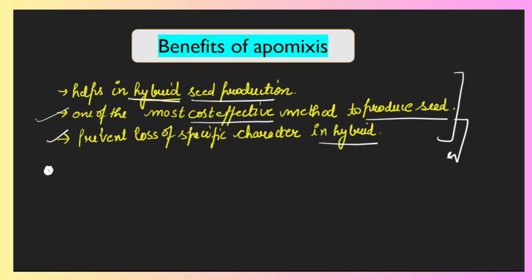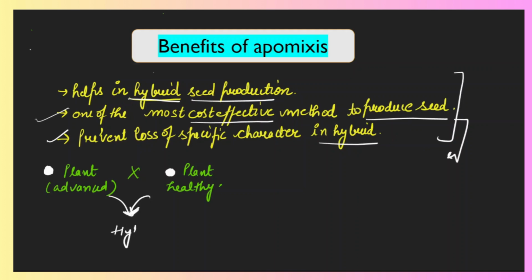If this is a seed of a plant which has advanced characters, and it mixes with a plant which has healthy characters, and these characters are mixed together, they form a hybrid.